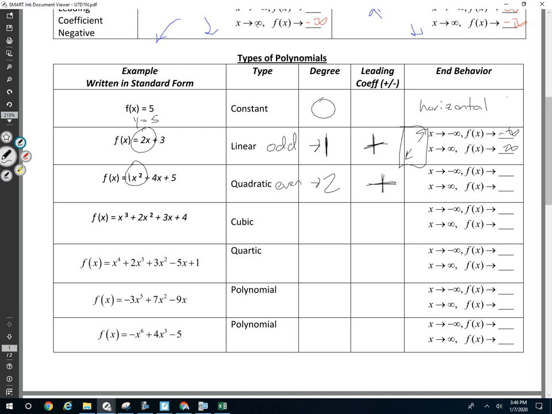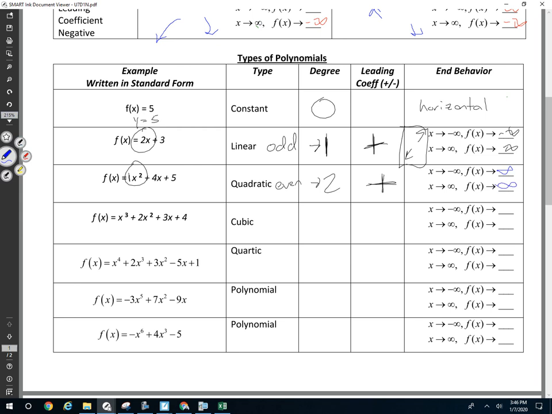Make a graph with your arms. Both arms are necessary. Go. Yeah, you can use your head. Boom! Every even degree polynomial will end up with a U, a touchdown. Either a touchdown or a negative touchdown. We're going to go up.